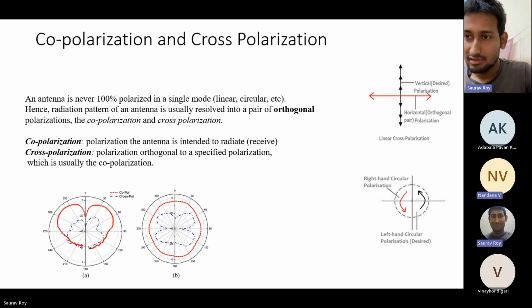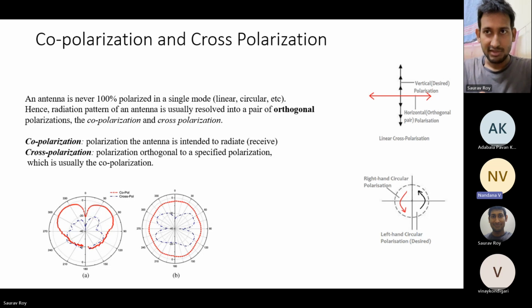So actually polarization is the basis for this co and cross, where co is the intended polarization of the receiver antenna, and cross is what you don't want.